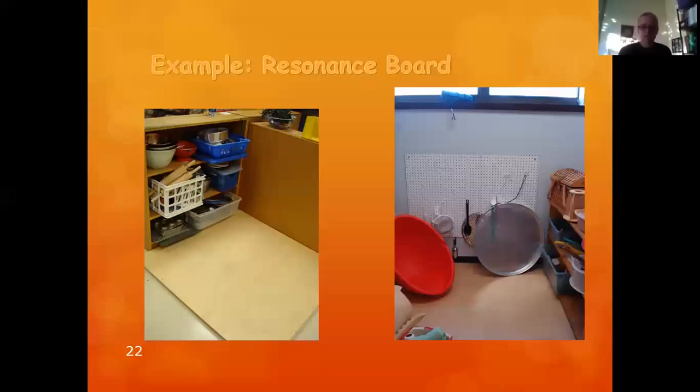And on the right-hand side, there are a few more examples of different interesting objects. I see some strainers and spoons and things on that resonance board. But it's a place where these kids can go to interact with objects.